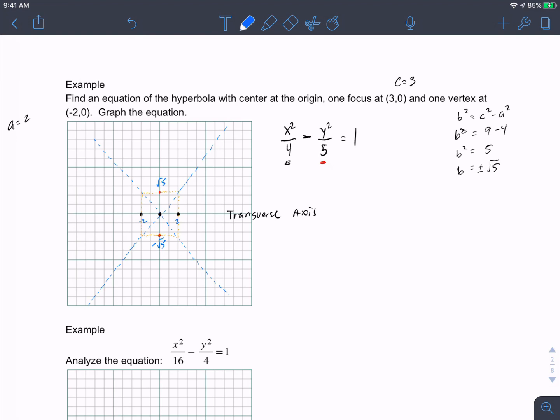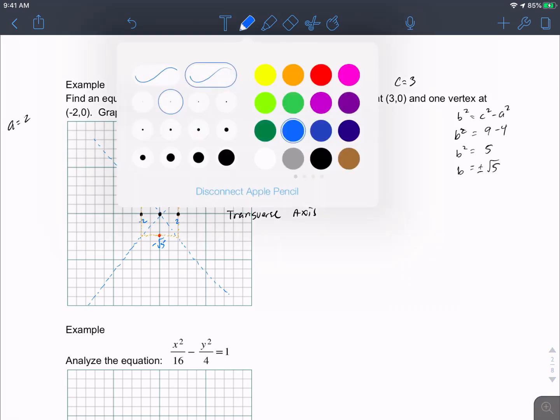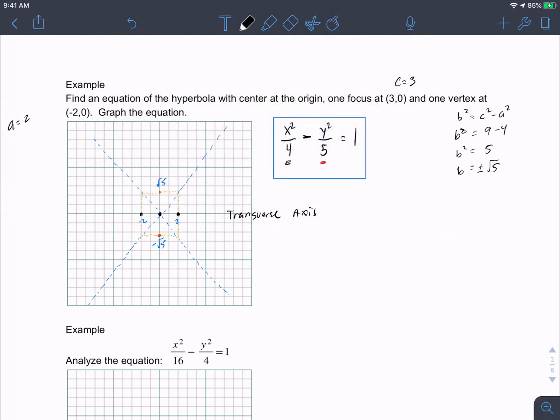Those numbers all relate to this equation here, and they're just the square roots of the denominators. Now, in order to graph it, since we know it's a hyperbola, it's going to follow along the axes. And I don't even need to plot other points because I know it's going to follow this. But those asymptotes are very important.